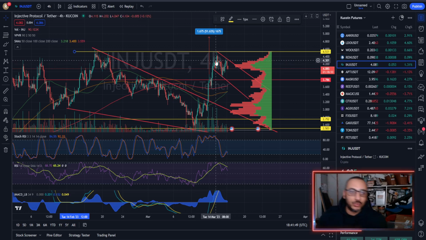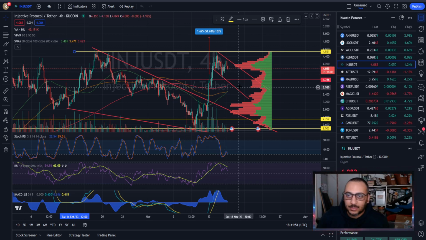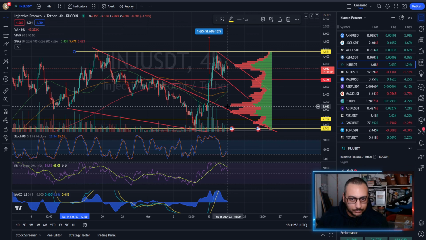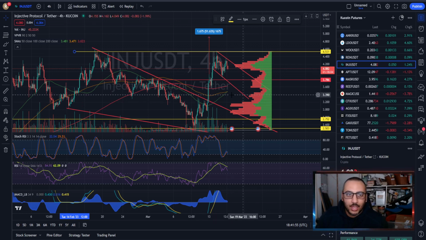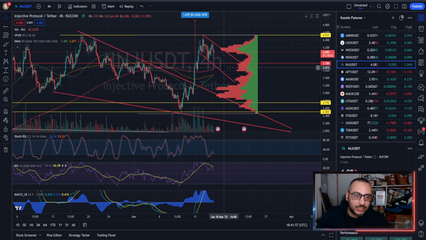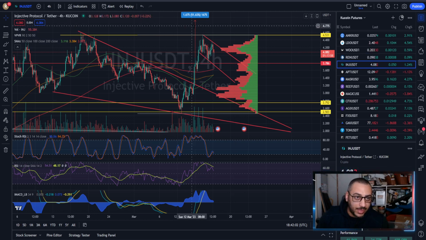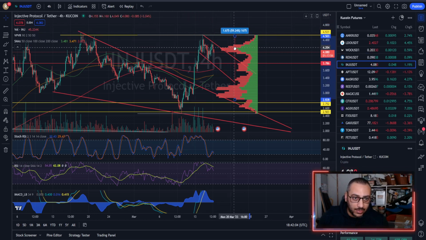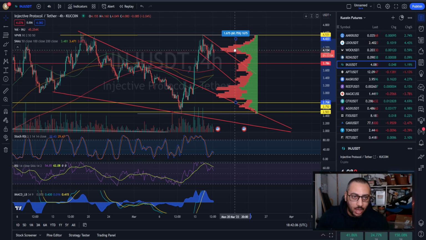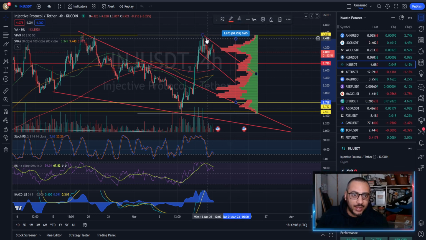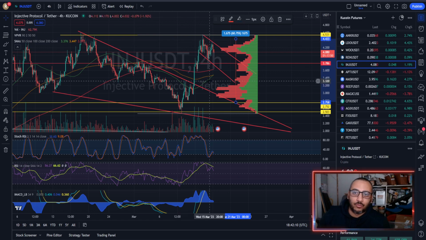Anyways, we are doing a nice little bull flag at the moment, so consolidating down, perfectly fine, perfectly normal. However, if we manage to get this back test all the way down here, then I would be extremely bullish on the idea of a 60% rise, getting back up to where we are right now.